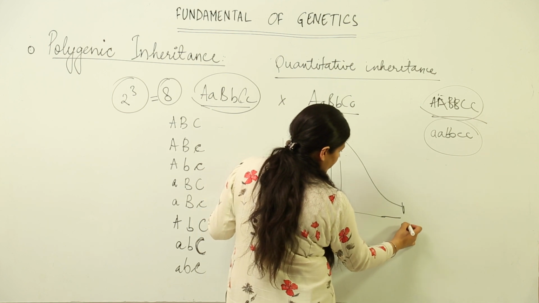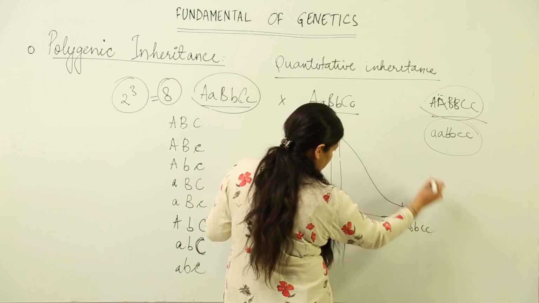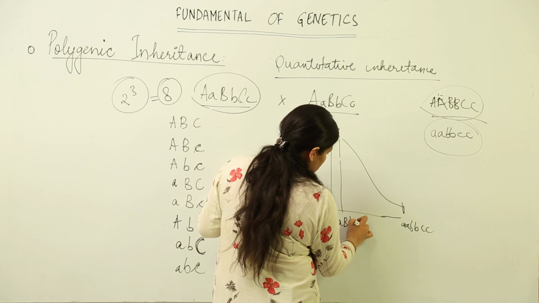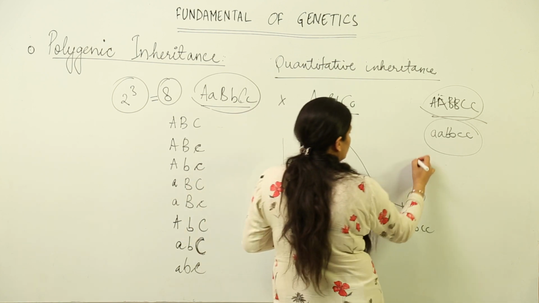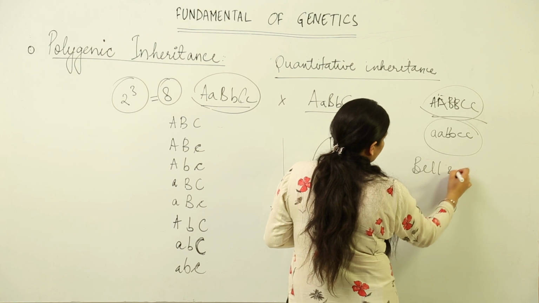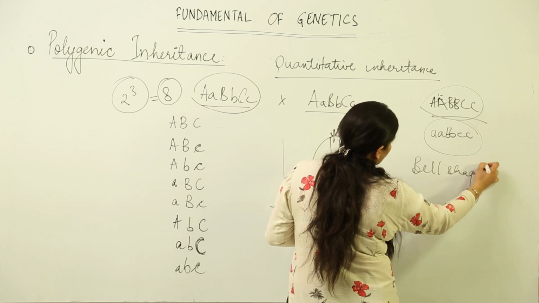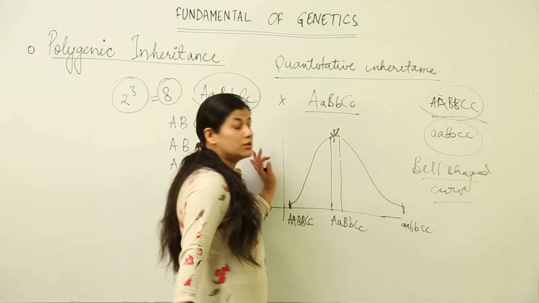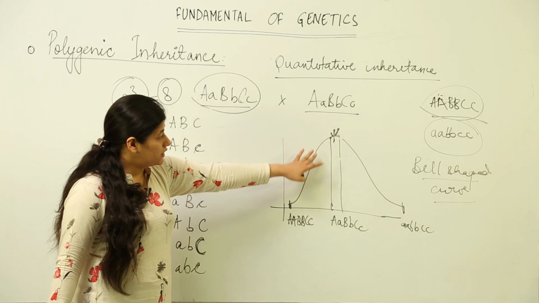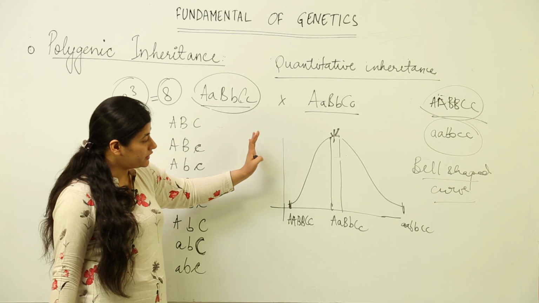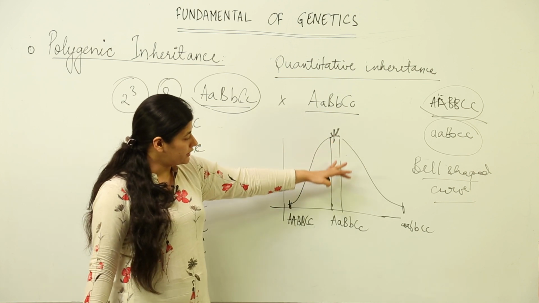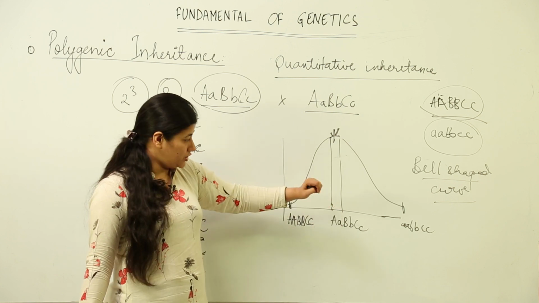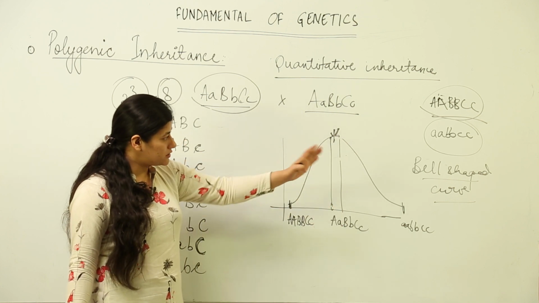Here you are going to find the other extreme, and here this is the intermediate one. So certainly you get a bell-shaped curve for the polygenic inheritance, which you have in the case of human skin color, where the intermediates have the maximum number of progeny.